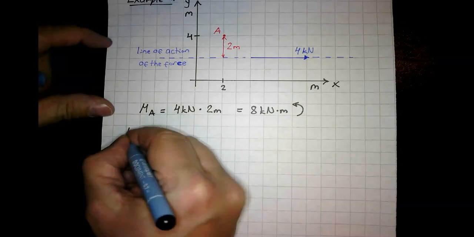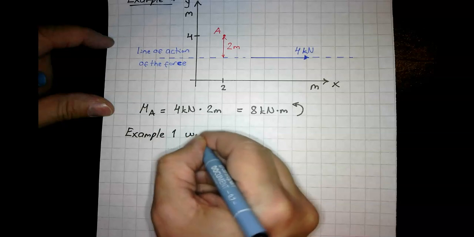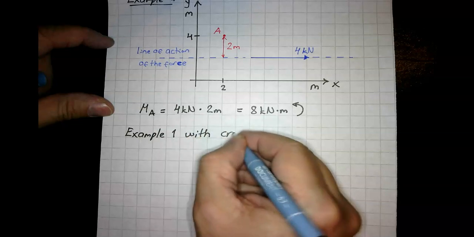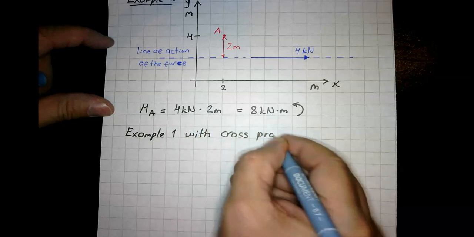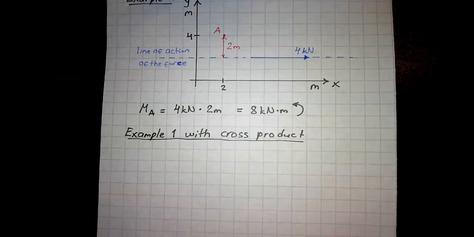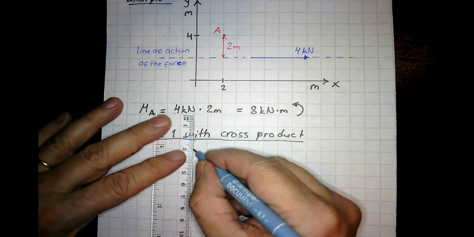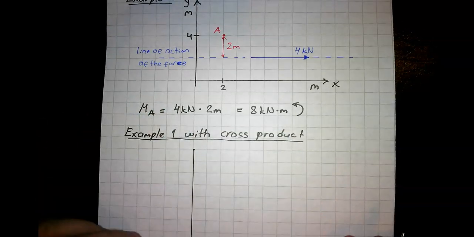Example 1 with cross product. I will draw another picture there, so I copy that picture here.